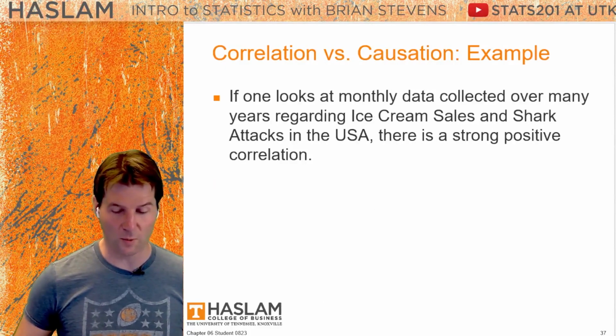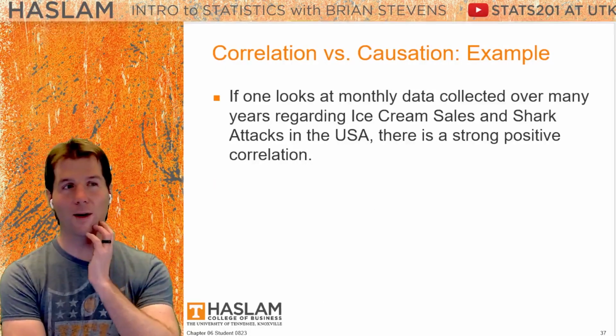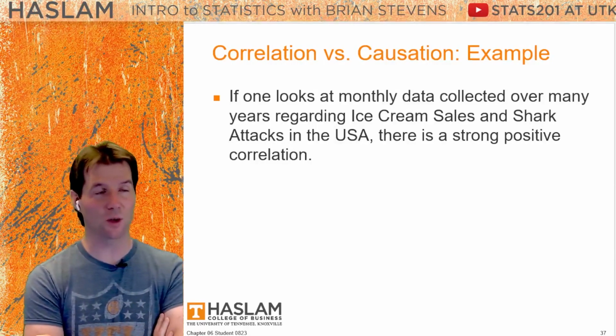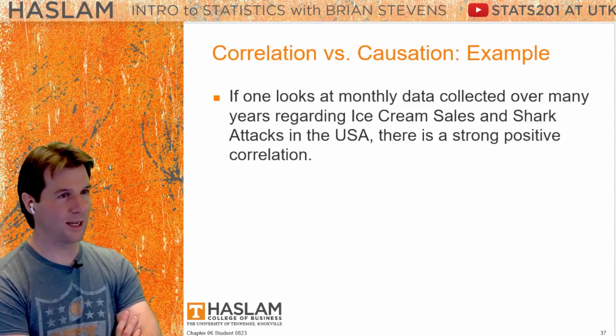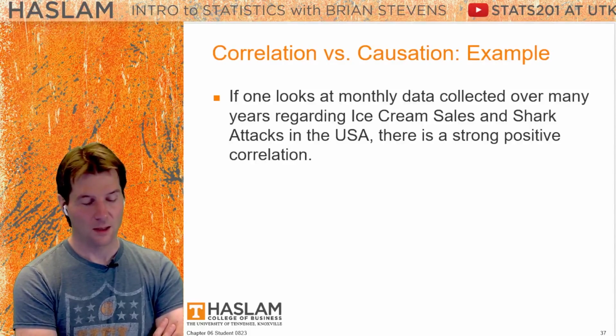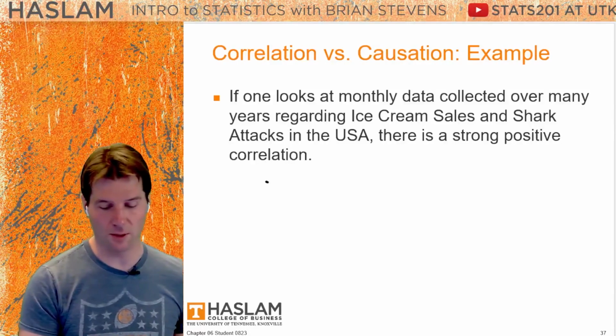And a lot of people use this the wrong way because they think things like, oh, shark attacks are going up and ice cream sales are going up. So there's got to be some sort of causation, that maybe when people sell ice cream, it causes sharks to attack. Well, not exactly. This is probably due to what we call a lurking variable.